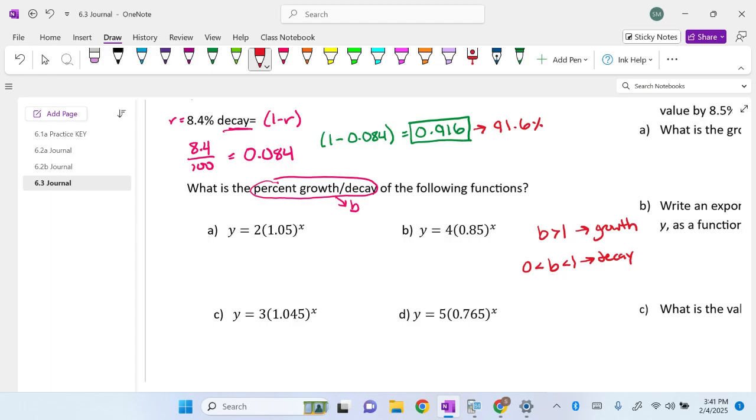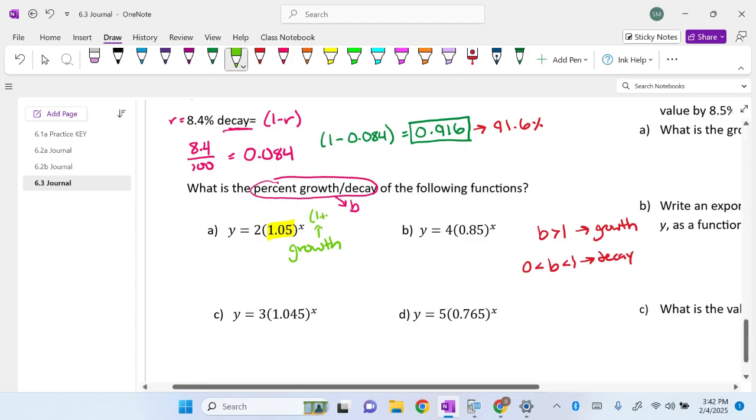So, first things first, we'll do letter A. We're looking at our b value, which is right here. Judging from this being bigger than 1, we're going to say that this is a growth. So this is going to be a growth of some kind, which means that we're using the formula 1 plus r. We do not know what r is, which would be our percent growth or decay. So we would basically work backwards.